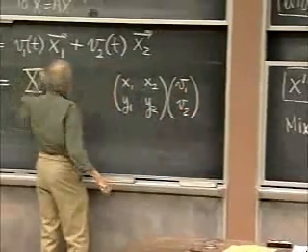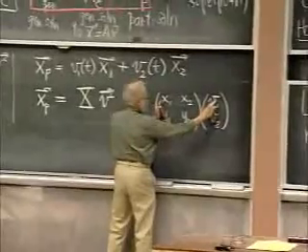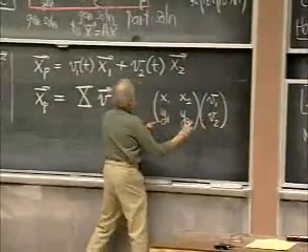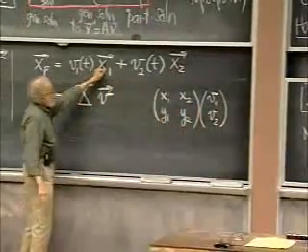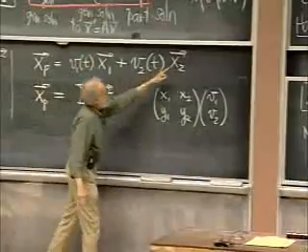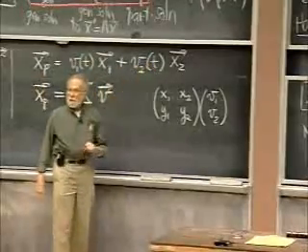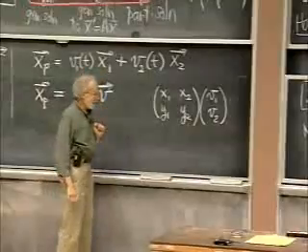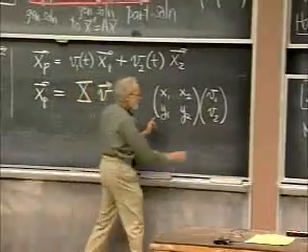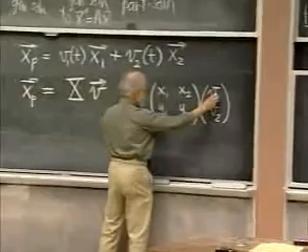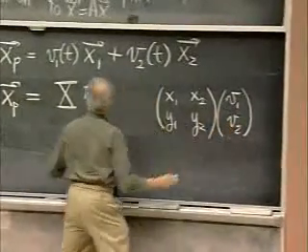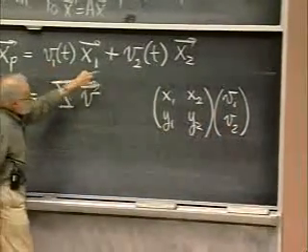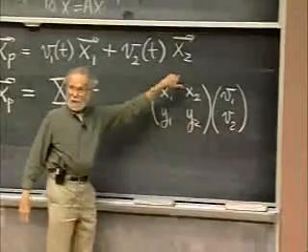The top is x1 v1 plus x2 v2. It's in the wrong order, but multiplication is commutative, fortunately. And the same way, the bottom will be v1 y1 plus v2 y2.